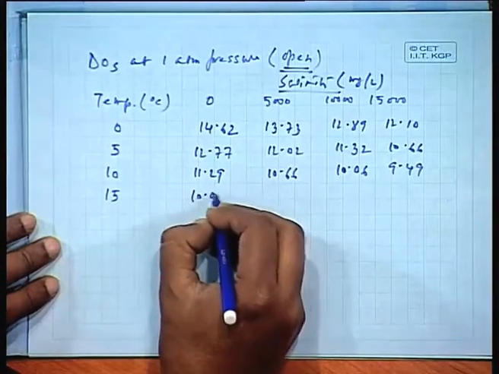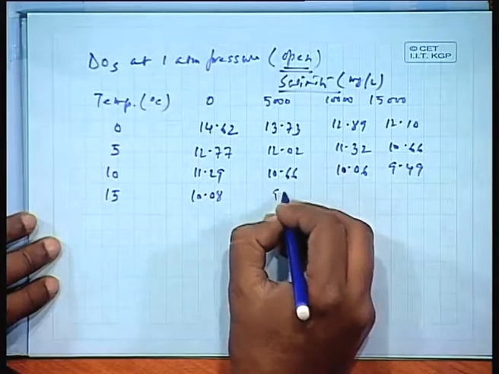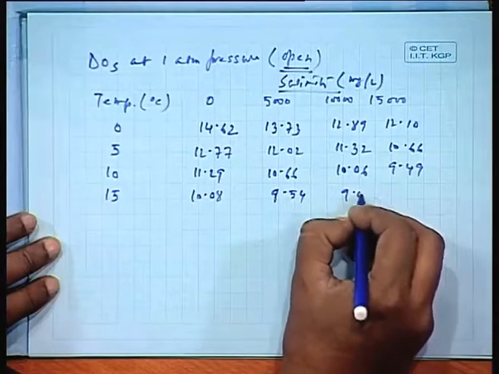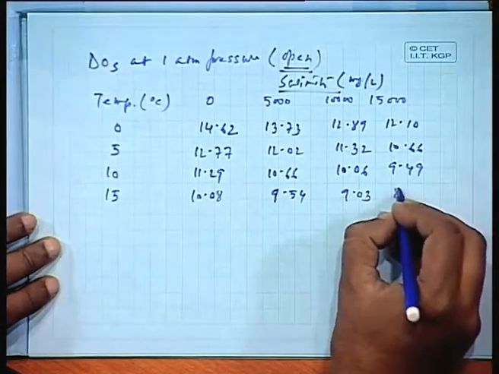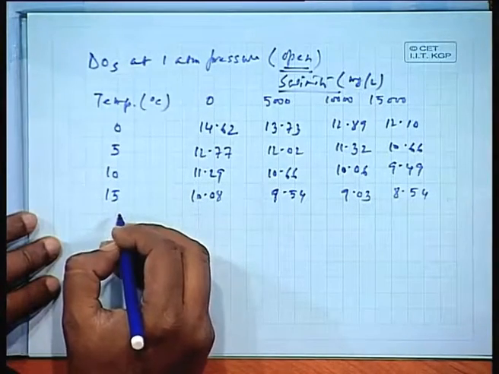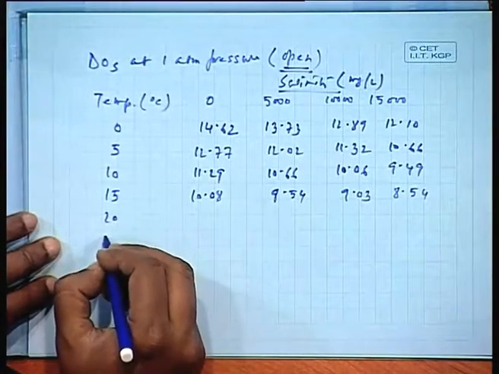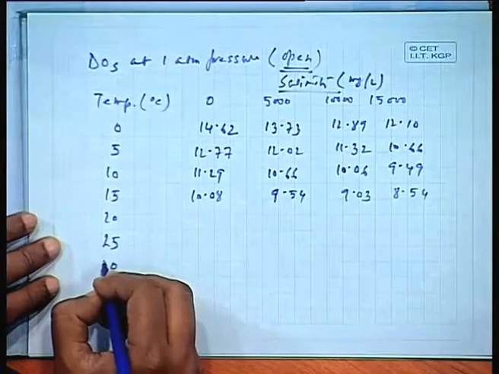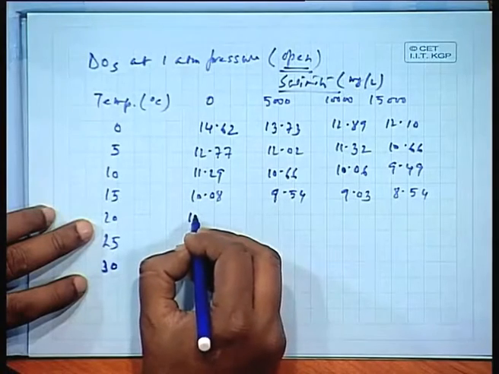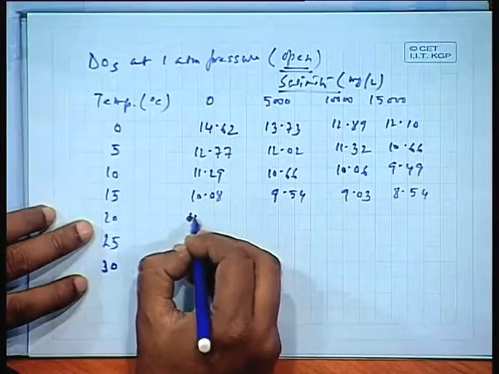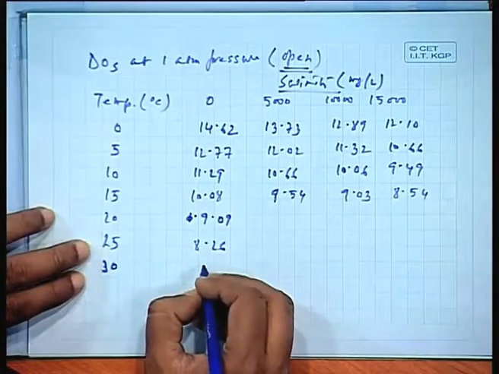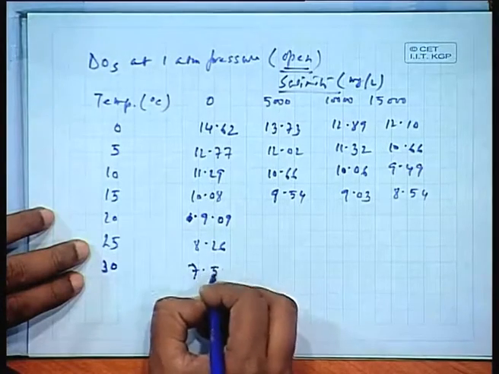At 15 degrees it is 10.08, 9.54, 9.03, 8.54. Then 20, 25, 30. At 20 it is 9.09, 8.26, 7.56.